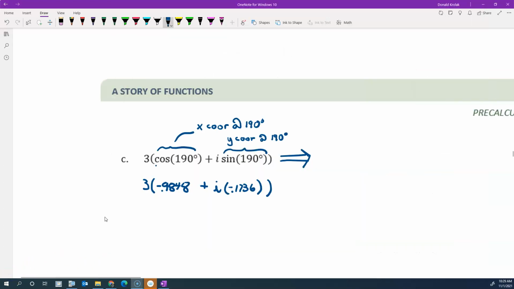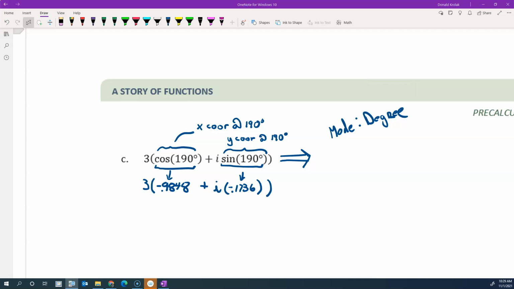So we did this part on our calculator and that part on our calculator, being sure that we were in degree mode. And then you just multiply those out.